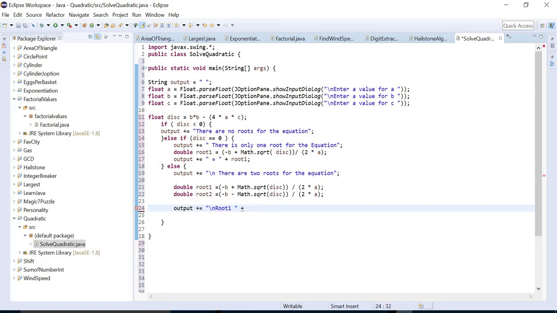plus, and then you have to put the actual root1, which is going to be the value. So it's going to say root1, and then it'll say what it is, plus quotations \n root2.